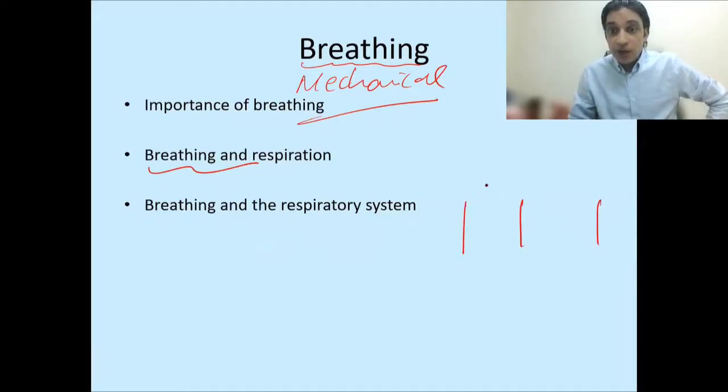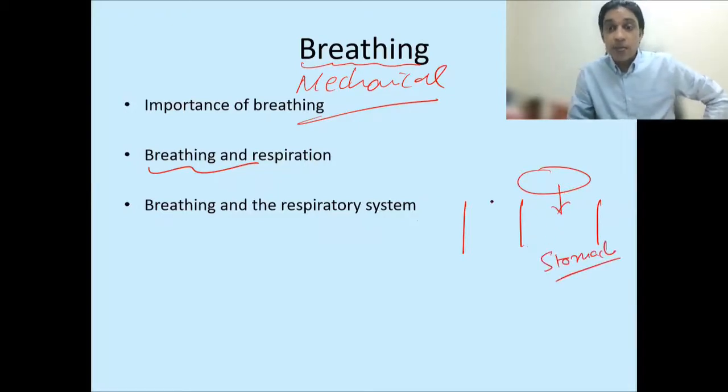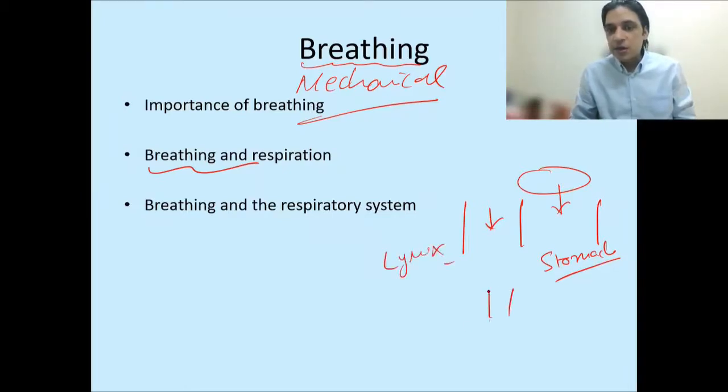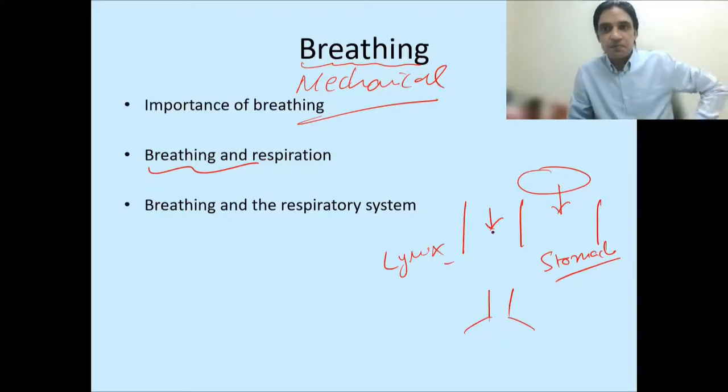The food particle is supposed to be dropped here and should go to the stomach. When you swallow, the food particle should go to the stomach. When you breathe, the air should go here and enter into the next part, which is called the larynx. And from there it goes to the trachea and then to the lungs.